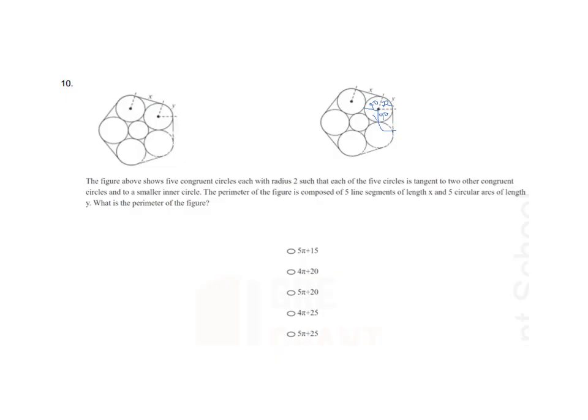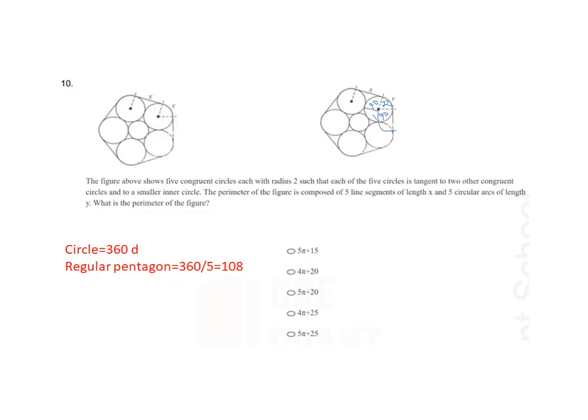I have solved the question and given the degree for your convenience. Let us do it in detail. So now the degree of the whole circle is 360. As the figure is a regular pentagon, so the degree will be 108.